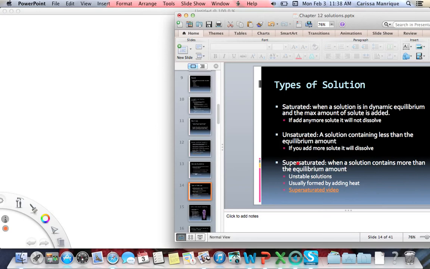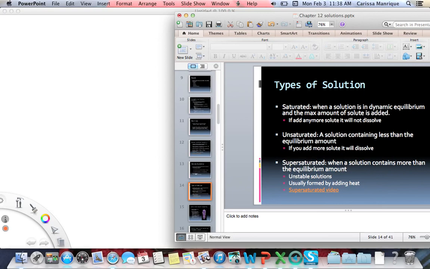Supersaturated is when you add more than the amount. And in the next little vodcast thing, I show a video of the supersaturated, which is pretty neat. This is an unstable solution, and basically how you do this, how do you add more, is you heat it. Heat increases the solubility of a solid. So you're actually able to add a little bit more, and if you slowly cool it, it will stay in solution.